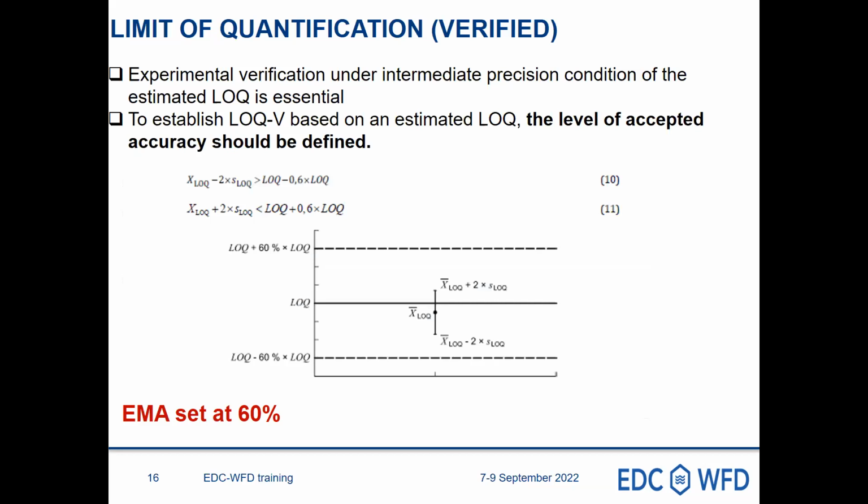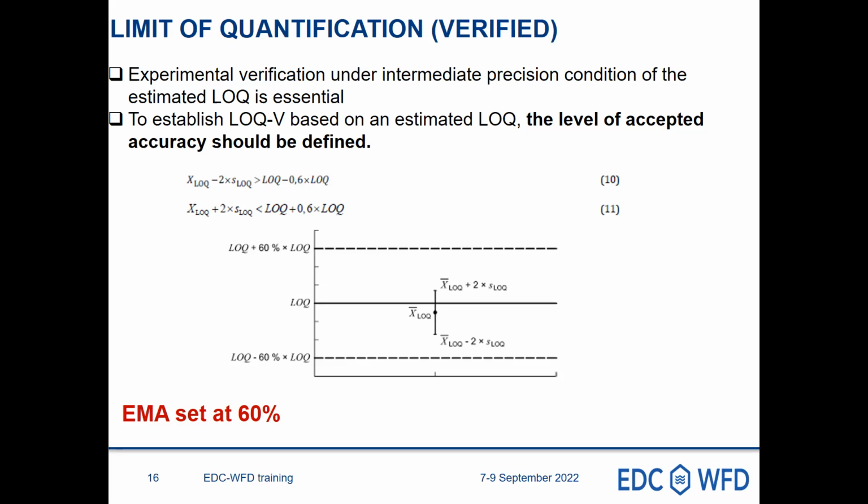Just an important definition: what is a verified limit of quantification? It has been experimentally verified under an intermediate precision condition from the estimated LOQ. It is really critical. To establish this verified LOQ, you have a pre-estimation and then you confirm it in intermediate precision with the implementation of an accepted accuracy that you should define at first.